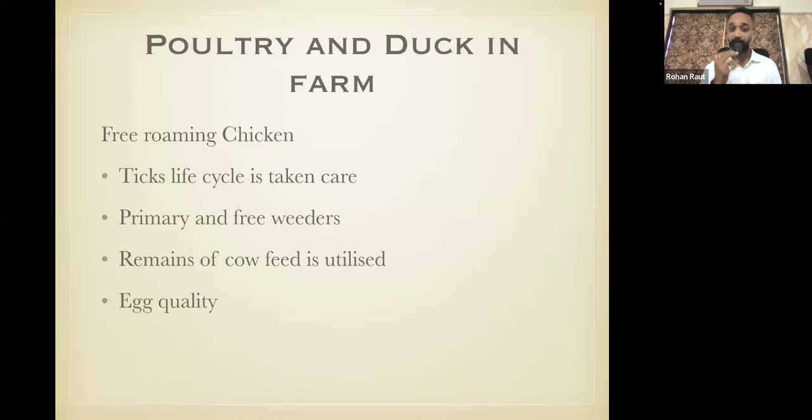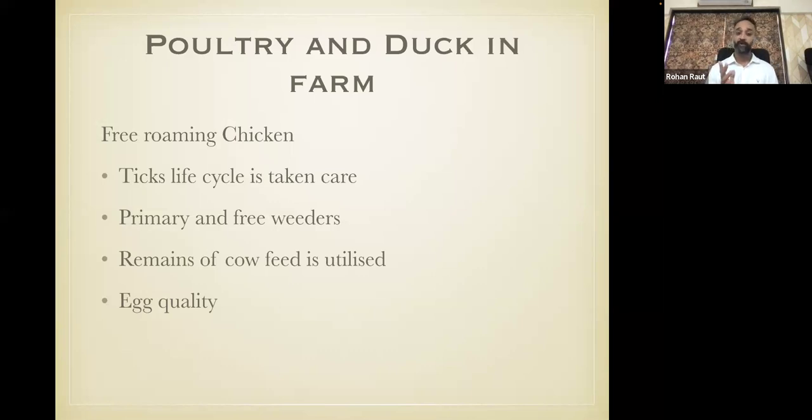Then after cows go to the jungle for grazing, all the cow dung which is there is basically a source of some weed seeds and insects. There are larvae in the dung. So they basically graze on those seeds. They are basically my primary feeders. My feeding cost is primarily taken care of by chickens.